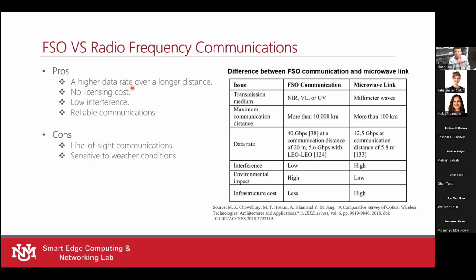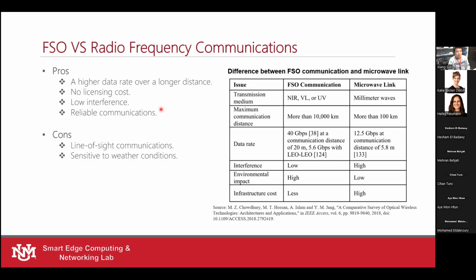Because FSO operates over the unlicensed spectrum, the vendor does not have to pay for the spectrum licensing cost. And the third advantage of FSO is that the spectrum used by FSO does not overlap with any RF communication, so the interference from the RF will be negligible.